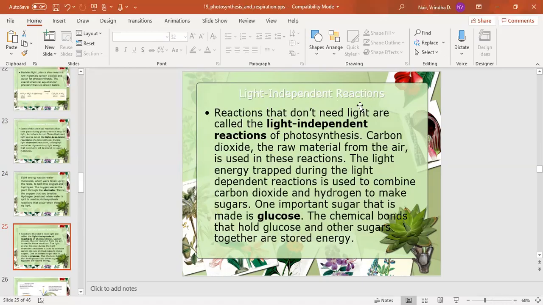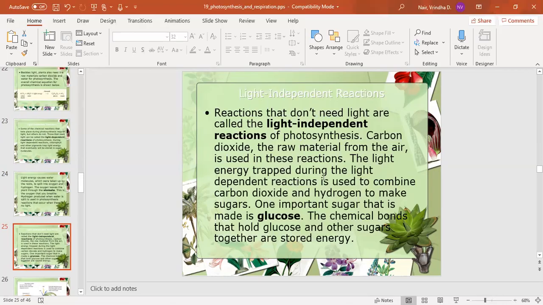Light-independent reactions: reactions that do not need light are called light-independent reactions of photosynthesis. So when you do not need the light, and it can be done by itself within the leaves, they are called light-independent reactions. Carbon dioxide, a raw material from the air, is used in these reactions.